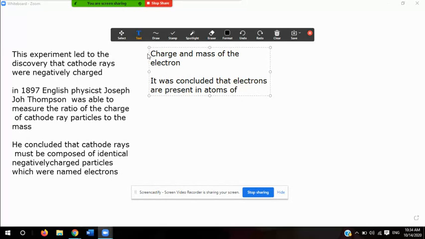It also revealed that electrons have a very large charge to mass ratio.